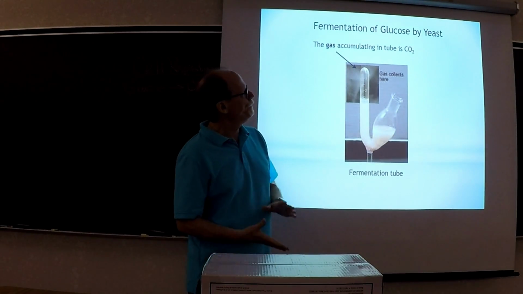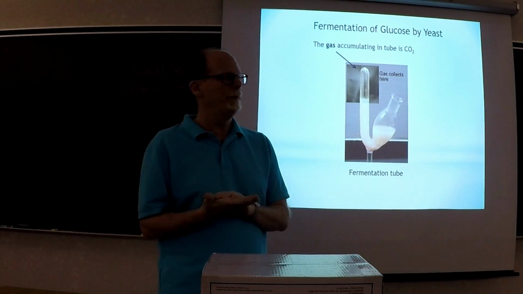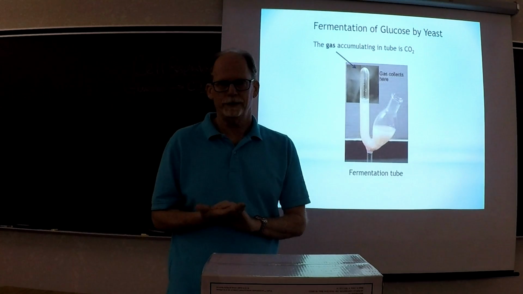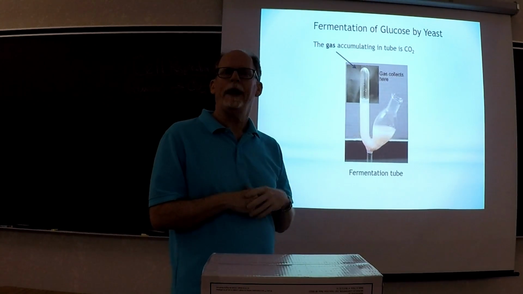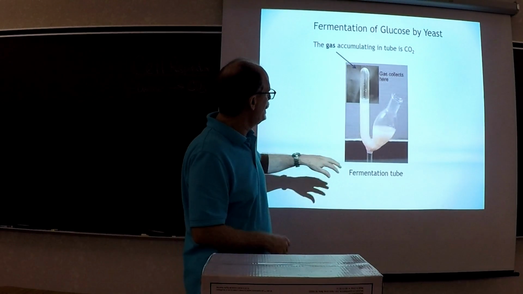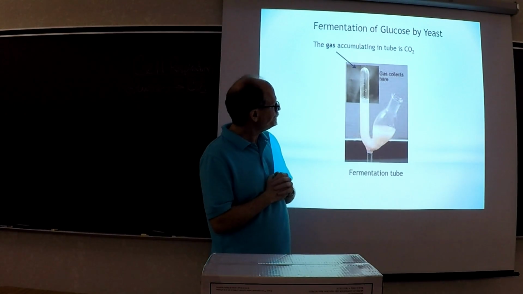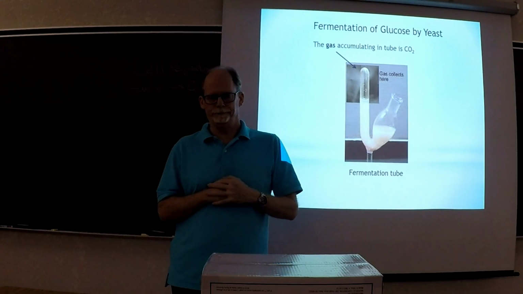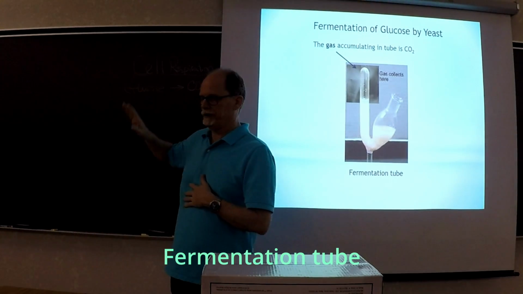But that's what this experiment is. We're using glucose, we're using yeast. If the yeast can absorb the glucose, which they do, and ferment it, which they can, we put them at 37 degrees. We call this the fermentation tube. And that's pretty self-explanatory. It's not cell respiration, okay?